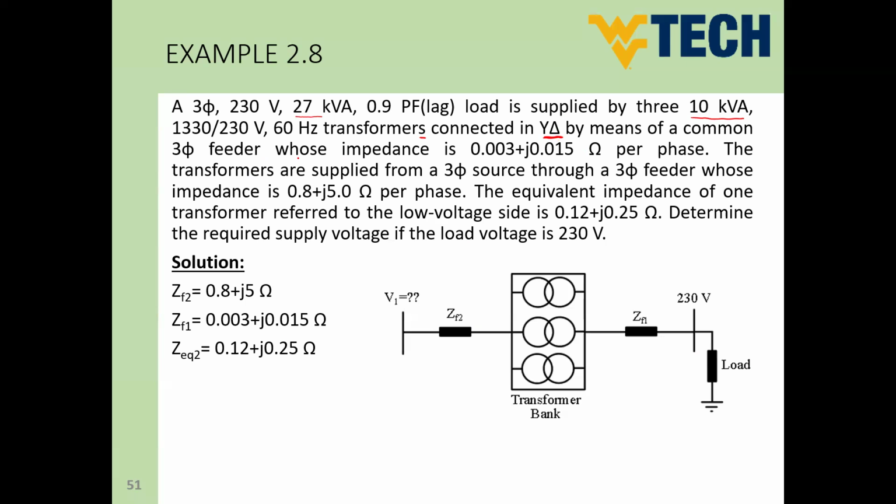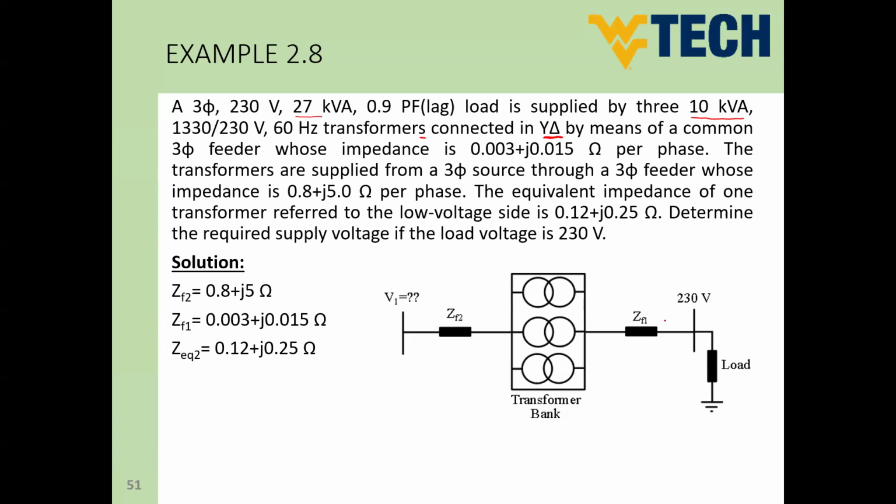So the load is connected to the transformer through a feeder whose impedance is this value per phase. If you would like to see this part right now, we have a load here, and the load is 230 volt, and we have a feeder between the transformer and our load.